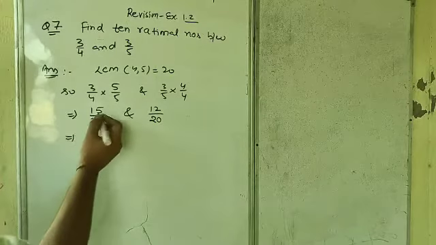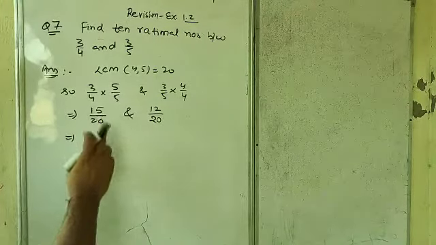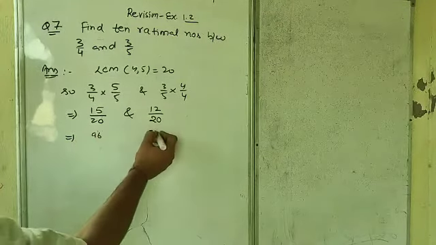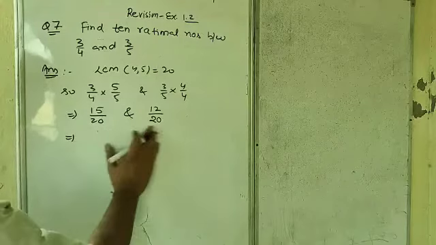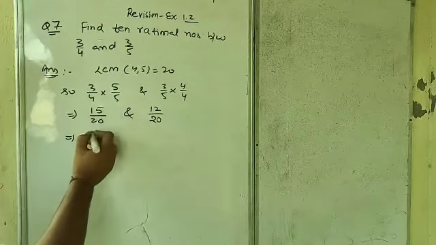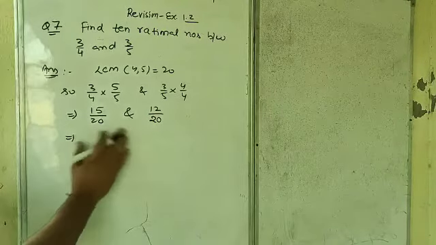So multiply by at least 6. 15 sixes are 90 and 12 sixes are 72. So they are more than the 10 numbers. So just multiply by 5. 15 fives are 75, 12 fives are 60. 5 is also more than enough.